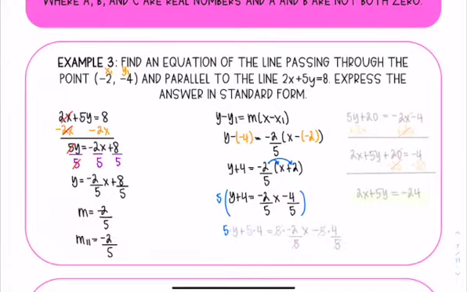And so we end up with 5 times y plus 5 times 4 equals 5 times negative 2/5 x minus 5 times 4/5.